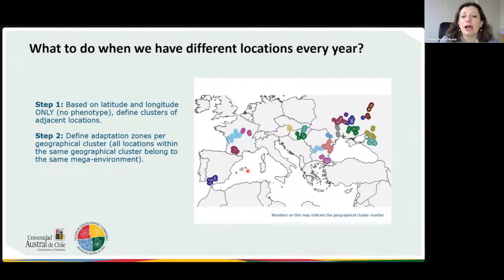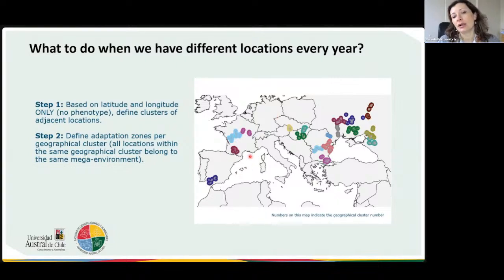So we said, well, how to deal with this? Because as you maybe know, as G by E modelers, we need to have some overlap. We need to have some trial connectivity, that we have the same location tested at least a few times, so that we can really test how genotypes respond to this, or how locations or years induce G by E variation.